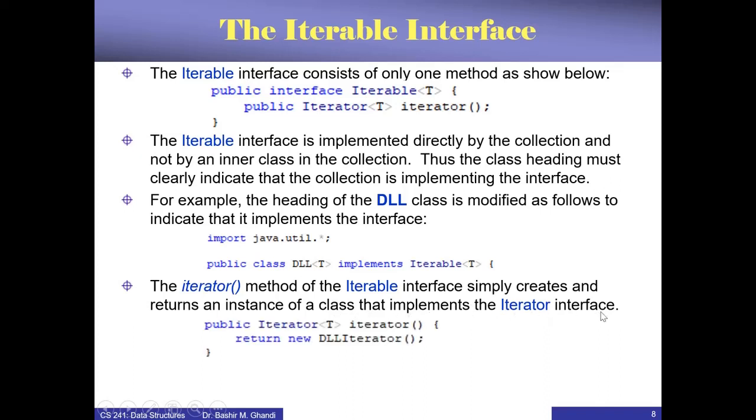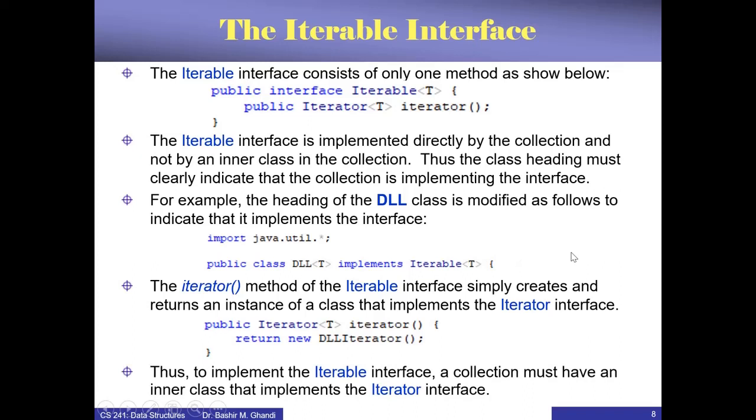Okay, so as we already saw, to implement this interface, this is all we need to do. And we have already done that, if you recall, because there was no way we could test our iterator object without having this method. So in fact we have already implemented the Iterable interface, we just didn't say so, because to say so you have to go to the heading of the class and say implements Iterable.